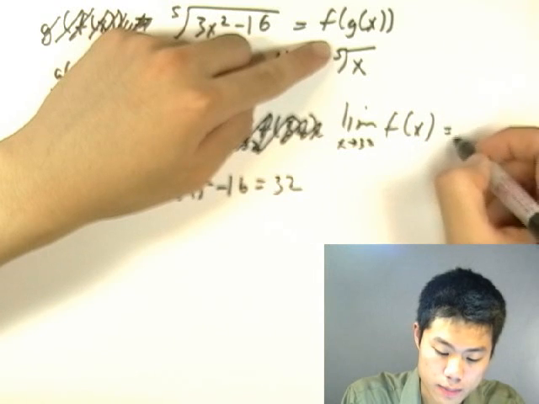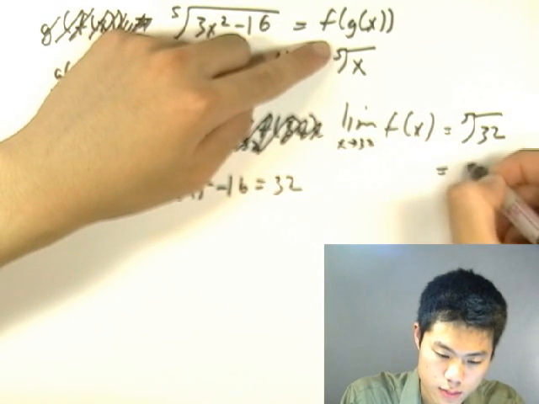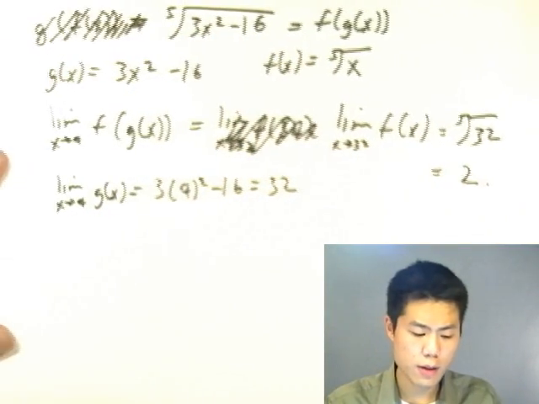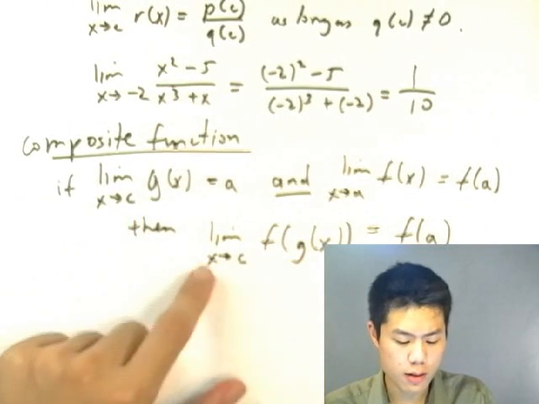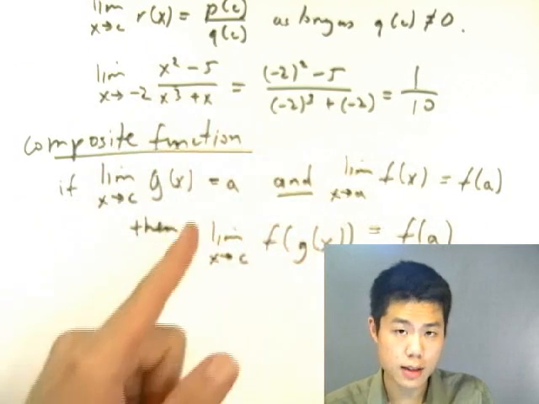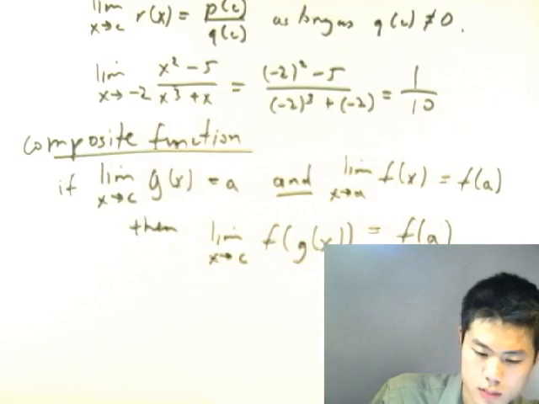And we get 2. Do you see that? That's a composite function. So we take a look at what the inner function approaches, and we use that as the limit of the outer function.